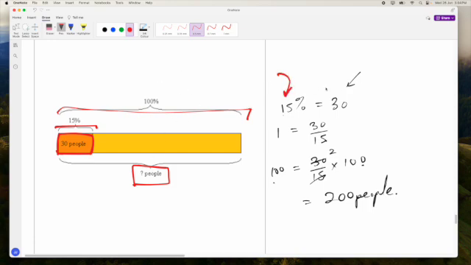So 15% would represent 30, and so you could find what is 1% by 30 over 15, right? And then you could find for 100%, 30 over 15 times 100, and you can see that 100% relates to 200 people.